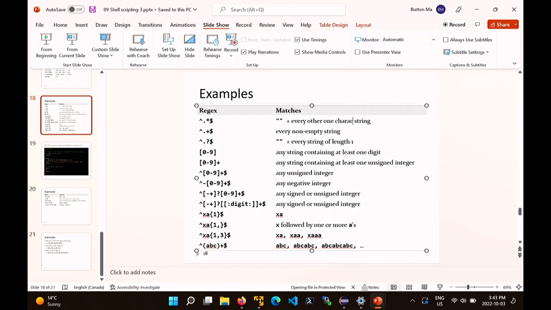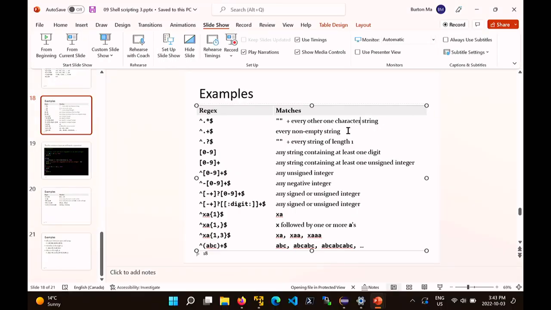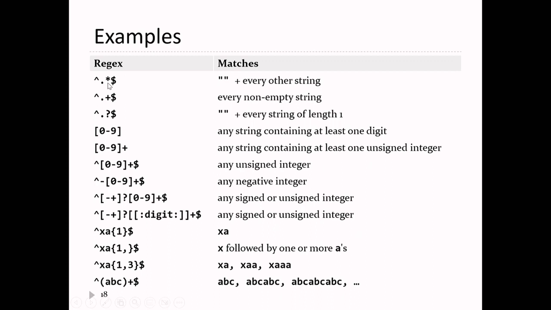Sorry, that's wrong. 0 or more. What am I doing? The empty string plus every other string. That's right. There we go. Dot star, so 0 or more. That will match any string, including the empty string.